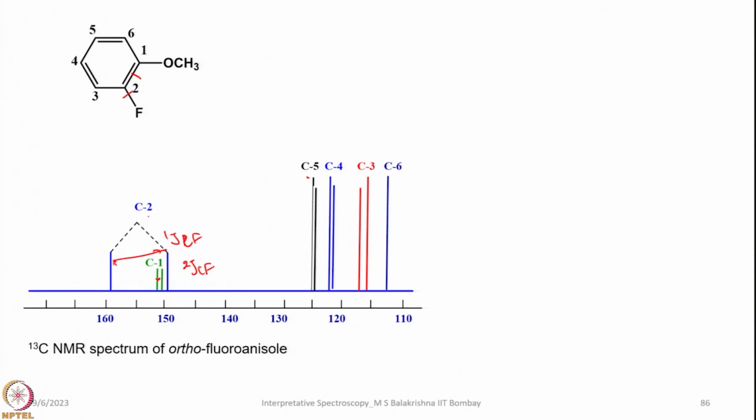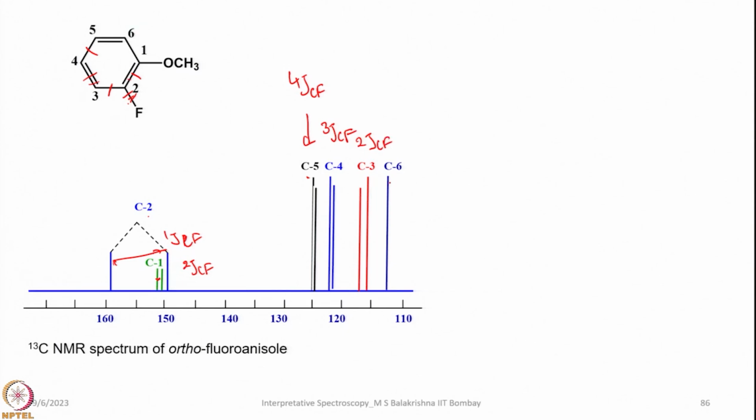And in the same way, you can see C5, the coupling is very small because it is 1, 2, 3, 4 bond coupling. So you can see here 4J CF, and then 4 will be little here, 1, 2, 3, so 3 bond coupling will be there, and 3 will be 2J coupling, and then 6 doesn't show any coupling as it is very far.